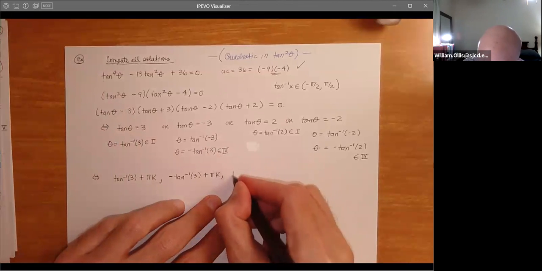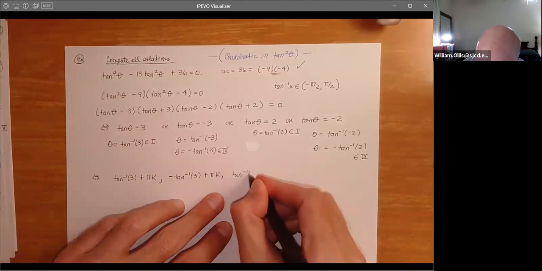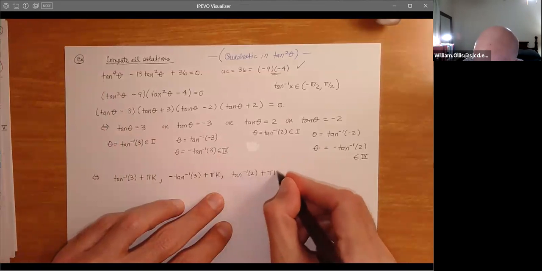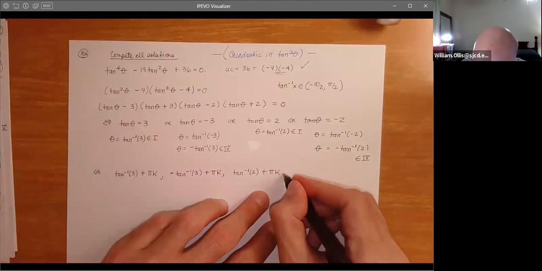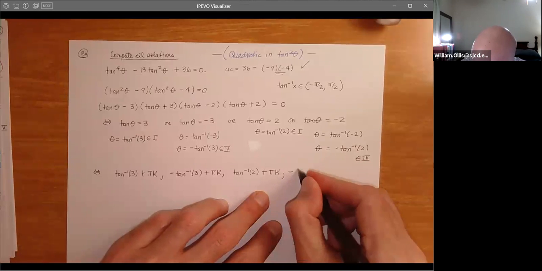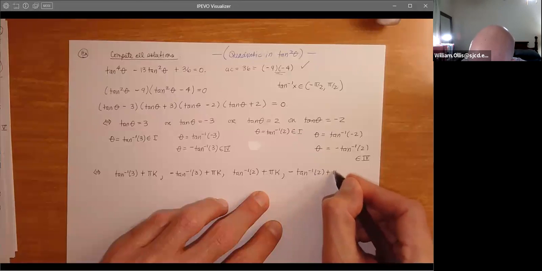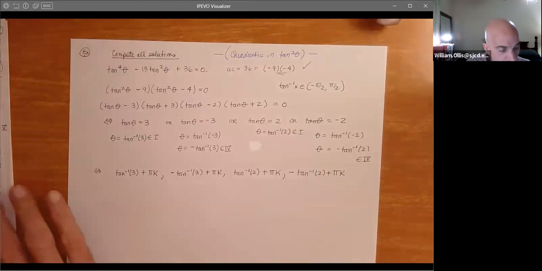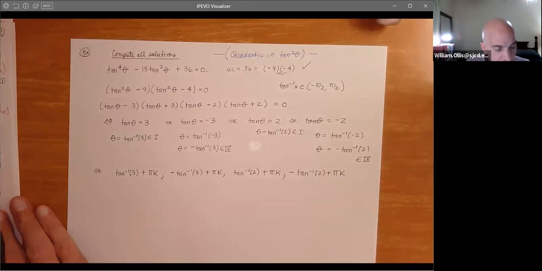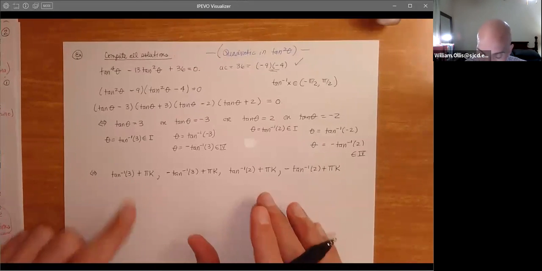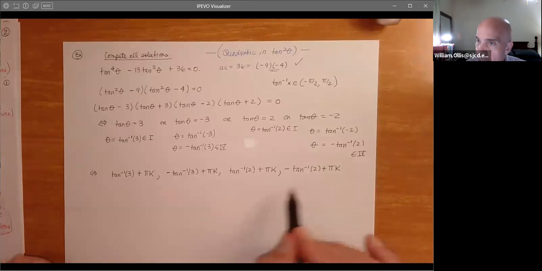And then inverse tangent of 2 plus pi k. And then lastly, the negative inverse tangent of 2 plus pi k. Now, what I've noticed here, and like I said before, these are all in radian measure.